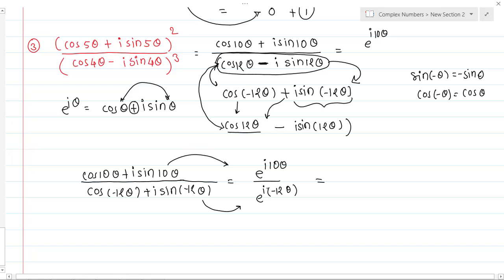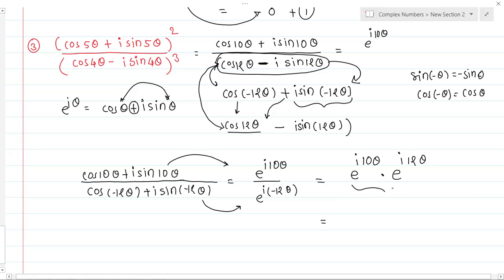We have division, so let's take this e raised to minus i 12 theta into the numerator. The sign changes: if it is negative it becomes positive, and if positive it becomes negative. Here we have negative, so taking it in the numerator it becomes positive, so it becomes i 12 theta.